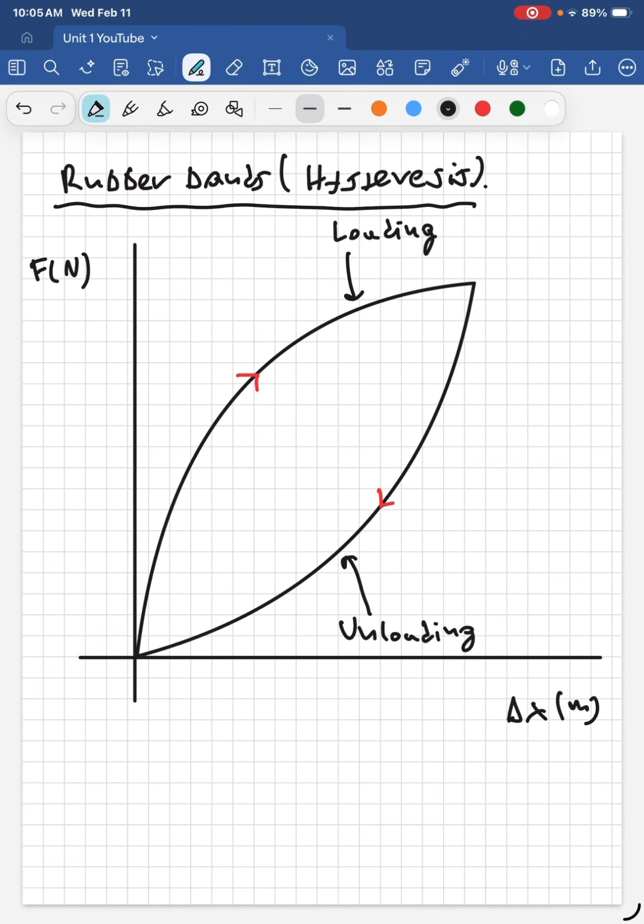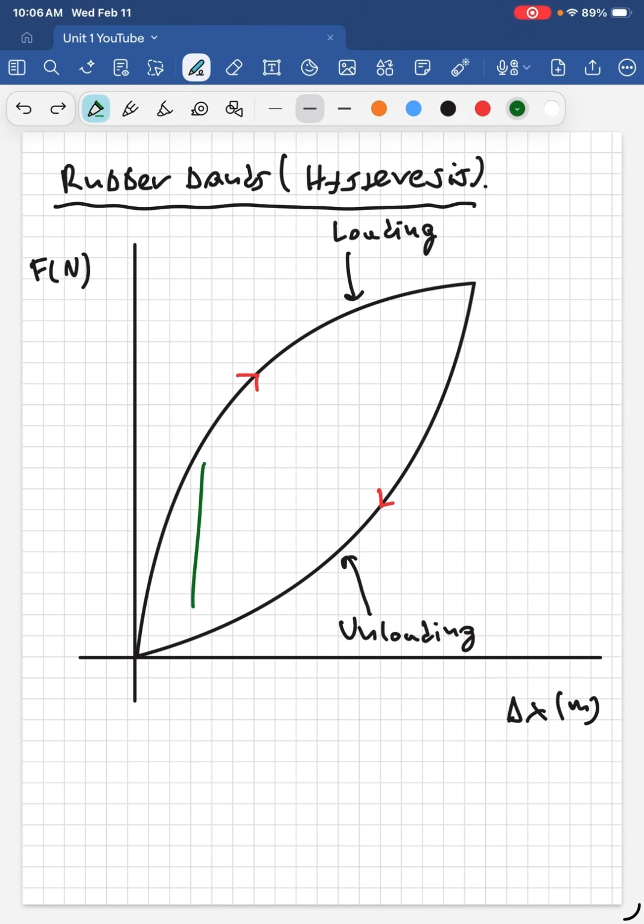So when it unloads, we get that energy back. But that energy is less than the energy we have to expend when we stretch the material, okay? Therefore, we have an energy loss. So the area in between these two curves is the energy lost, okay?